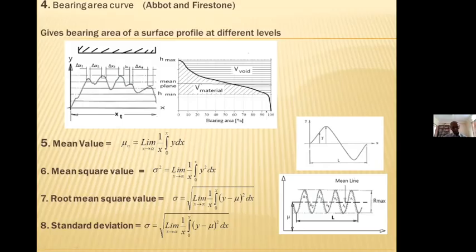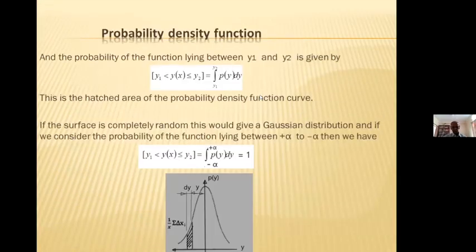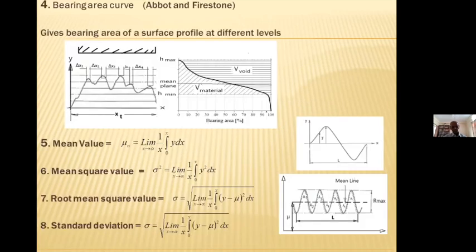Total material available is increasing, and at the mean there is a crossing point, and then it goes down, and here it comes to an end. So this x coordinate in this picture gives you the bearing area percentage.